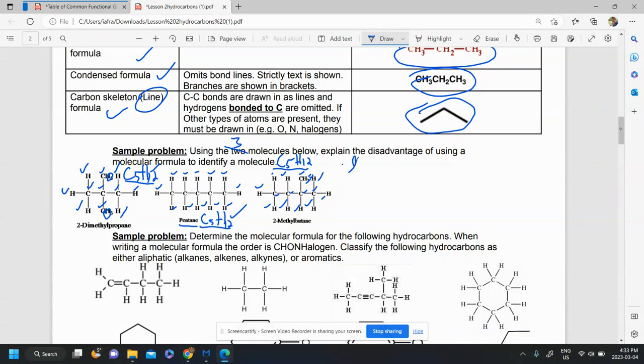So many molecules have the same molecular formula.